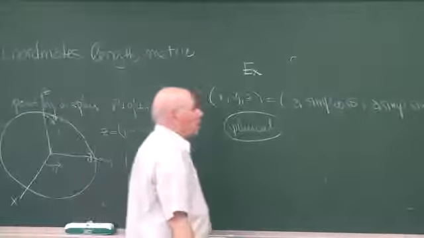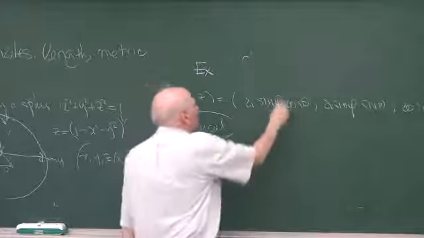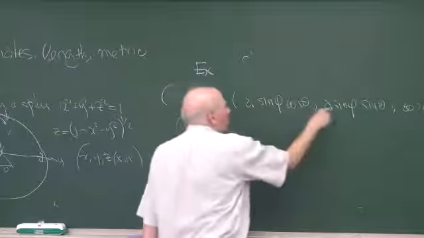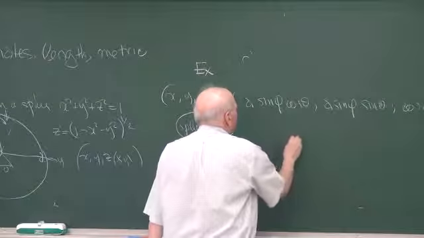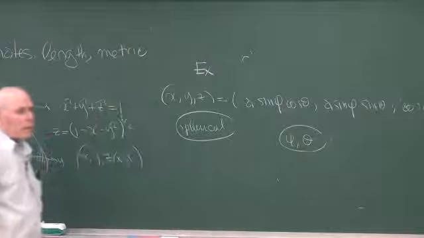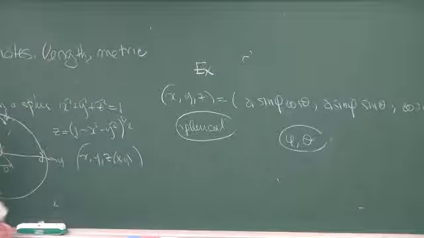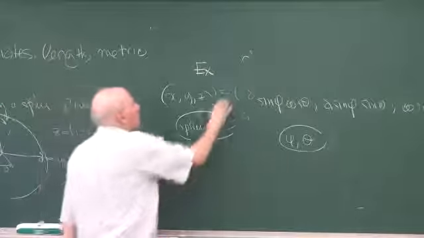But I also could have used theta and phi, and I'd have this one, which depends on phi and theta. So I could have used x and y or phi and theta. So we want a theory which is independent of coordinate systems. So that's the motivation.